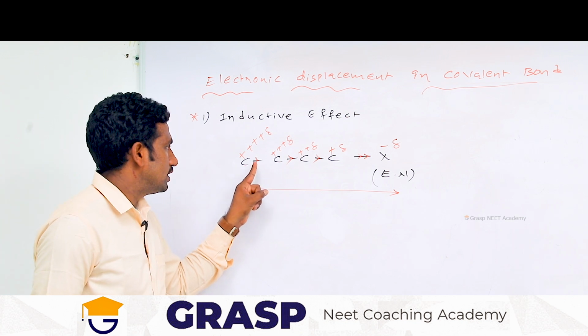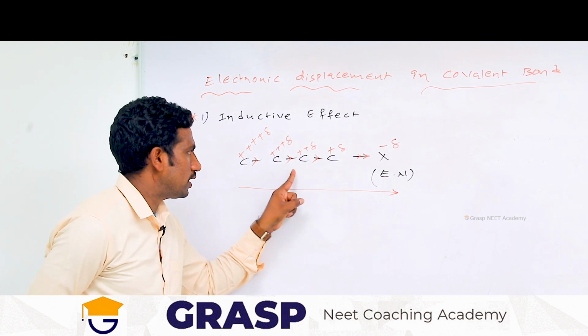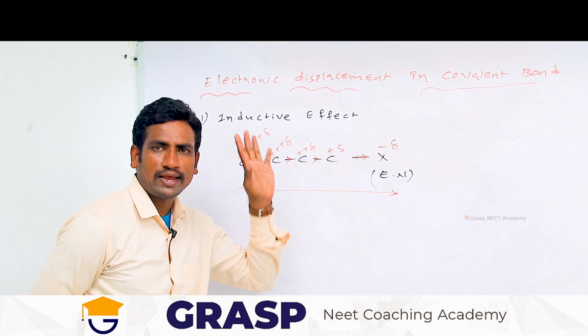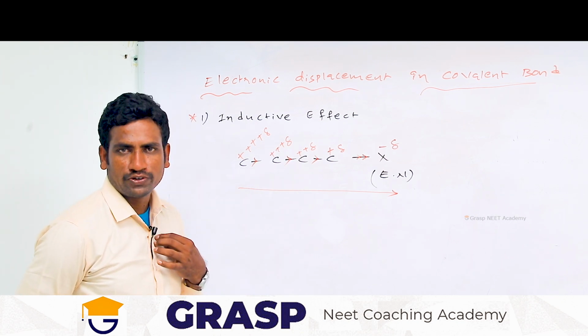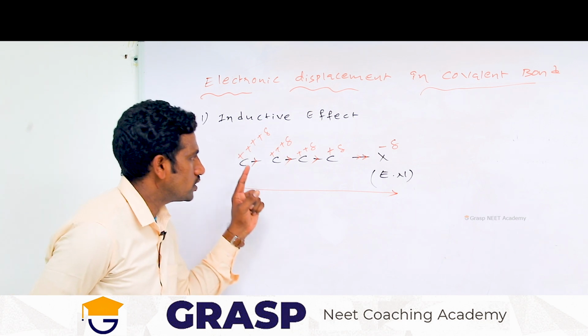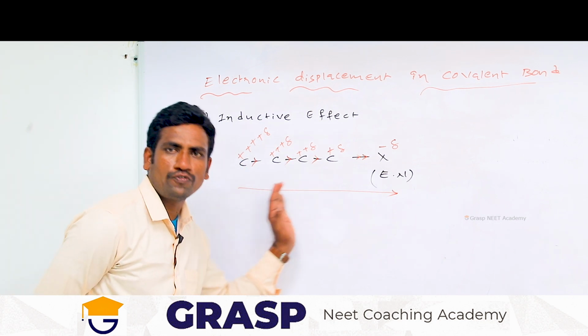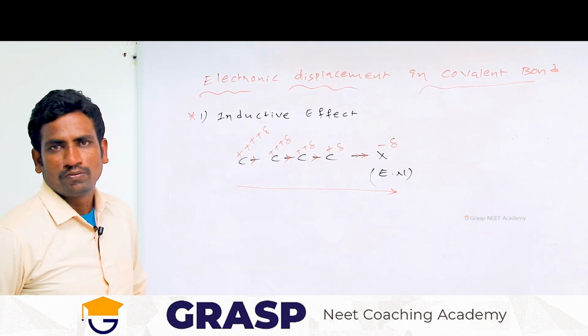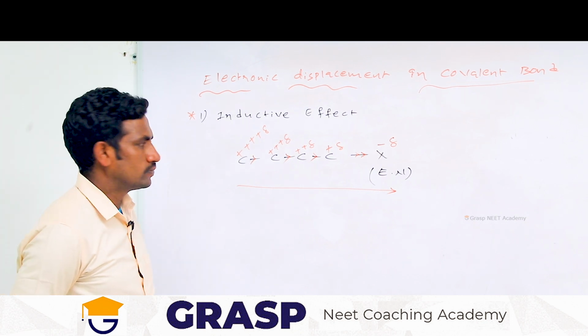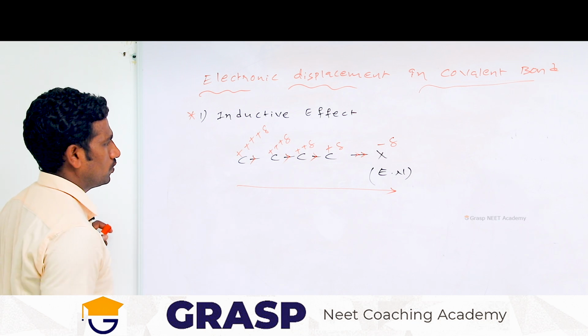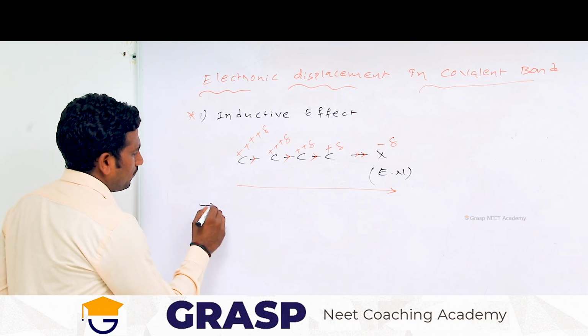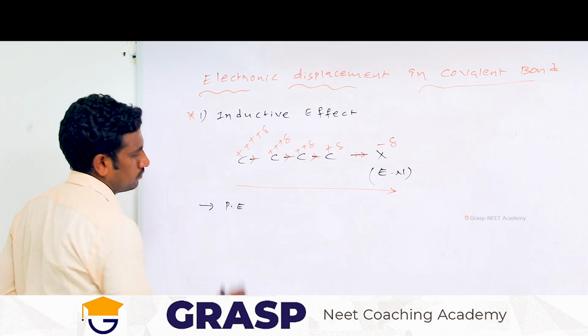The displacement of sigma electrons towards the more electronegative atom is called the inductive effect. Here electrons are moving towards the more electronegative atom. That is called the inductive effect. So is this inductive effect a permanent effect?